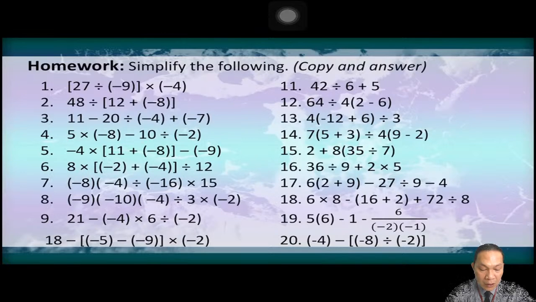So you have 30 minus 1 minus 6 divided by 2 is 30 minus 1 minus 3.